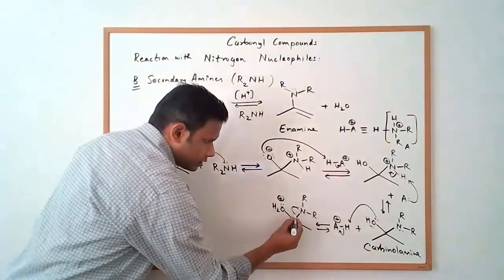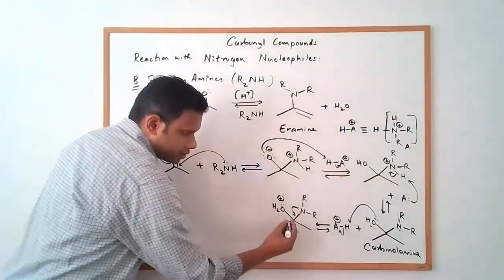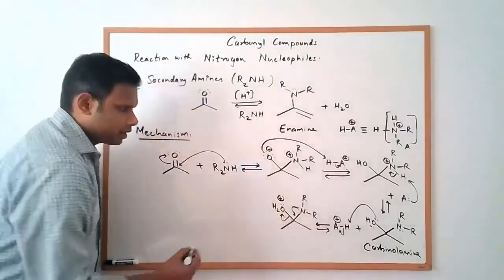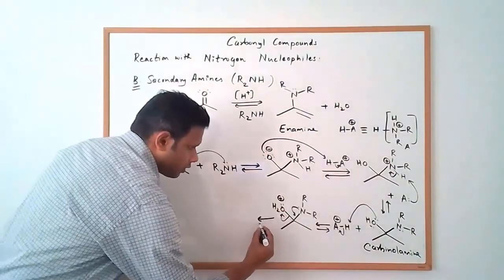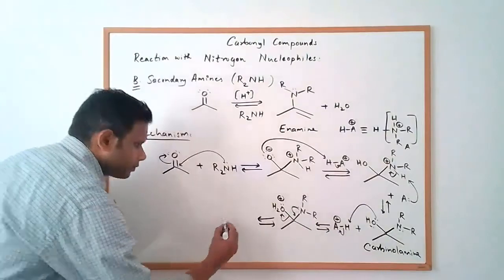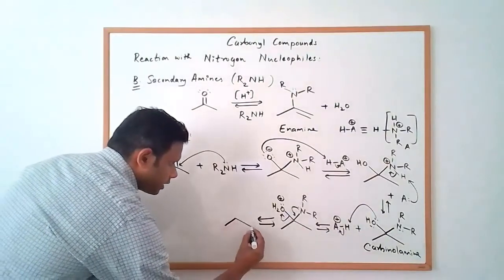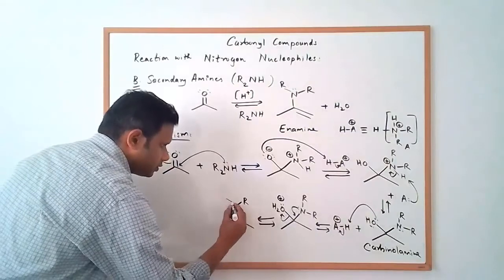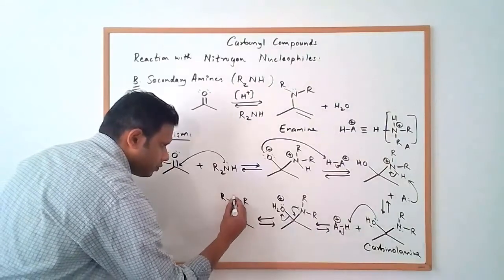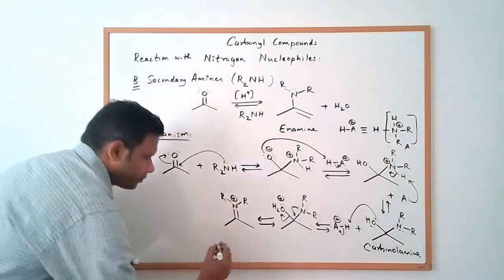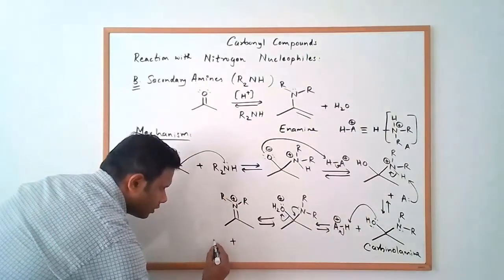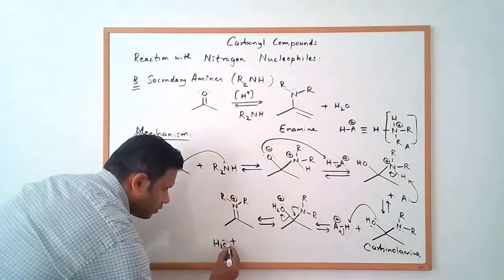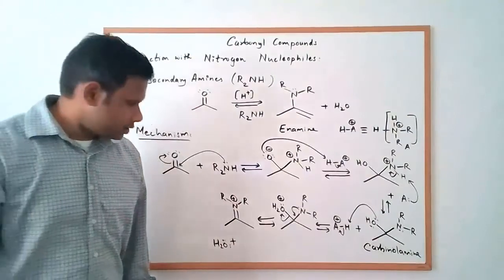And then again, subsequent step, nitrogen uses its lone pair to help the loss of this water molecule, so that our product is now going to be nitrogen double bonded to it with a positive charge on it. And we've got water under these conditions.